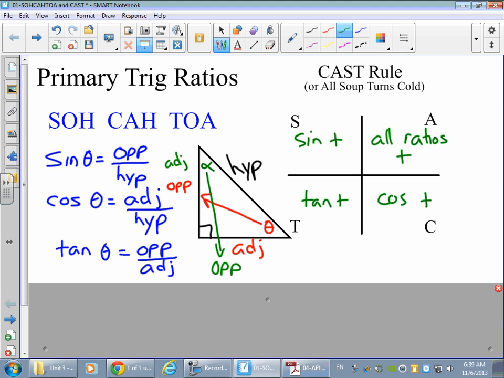And when we talk about quadrants, we're talking about if we were to graph our angles around a circle. Essentially, anything between 0 and 90 will always give us a positive ratio. Anything between 90 and 180 will give us a positive ratio for sine, but negative ratios for the other two.